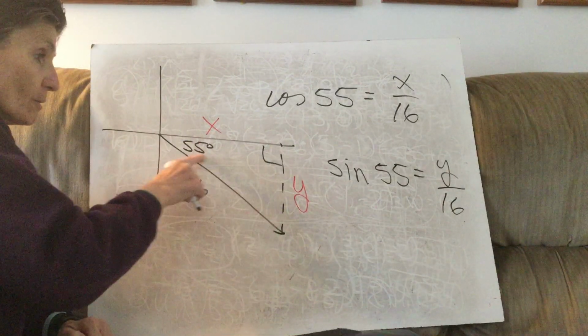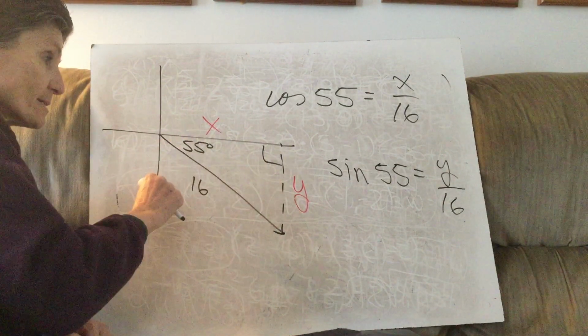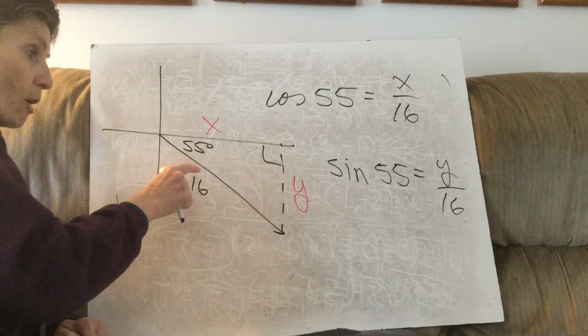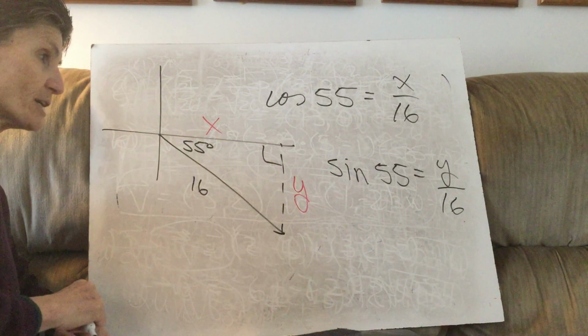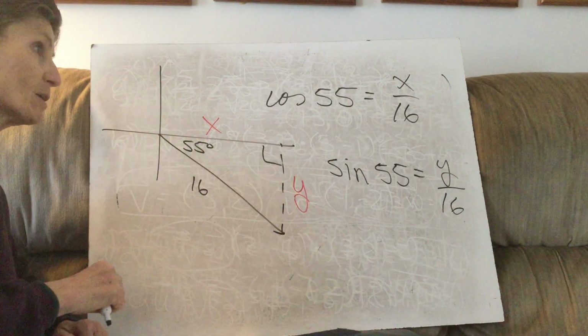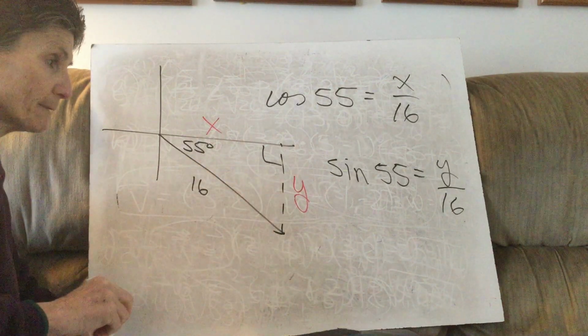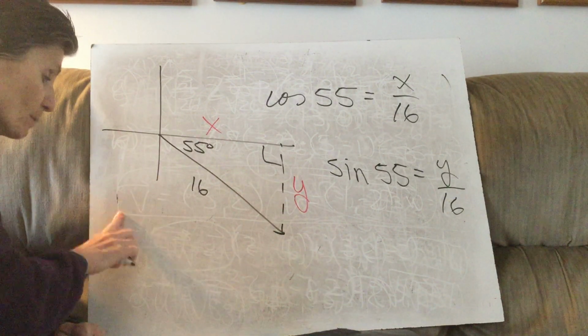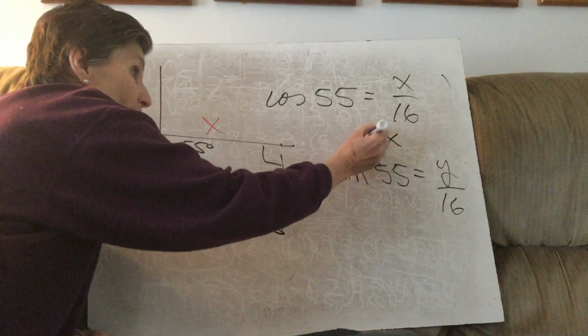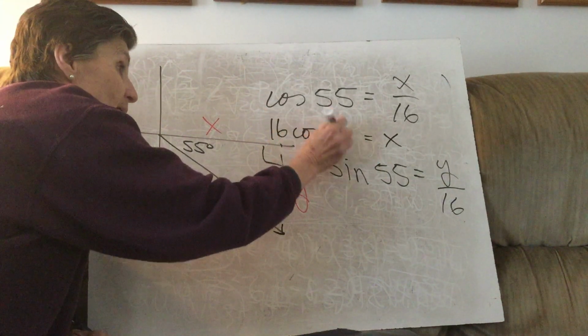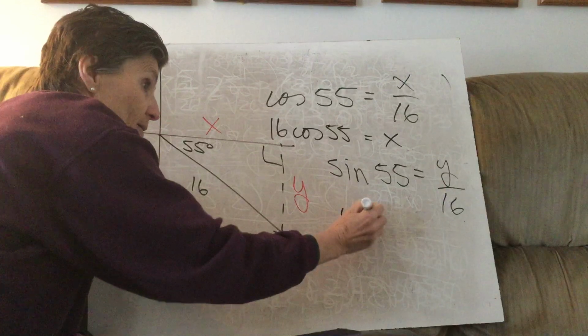In this triangle, this is opposite, this is adjacent. In every triangle you draw that's a butterfly bow tie, Y will be opposite and X will be adjacent. So x will always be cosine, y will always be sine, if you're butterfly bow tying. Okay, so then we're just going to multiply both sides by 16 and type it in on my calculator.